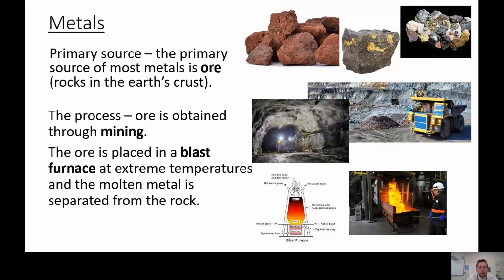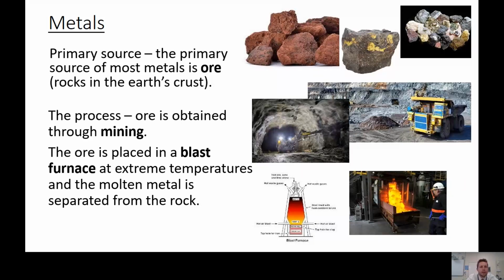Then it can be collected and used to make our metal products. And that's not all metals, I will say, but it's most metals. Some metals like aluminium use a different process for getting the metal from its ore.